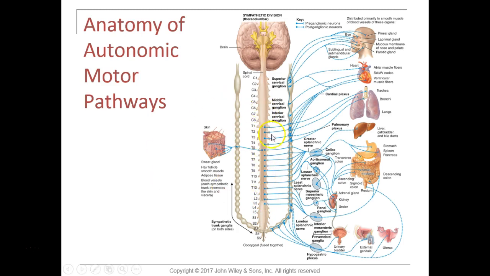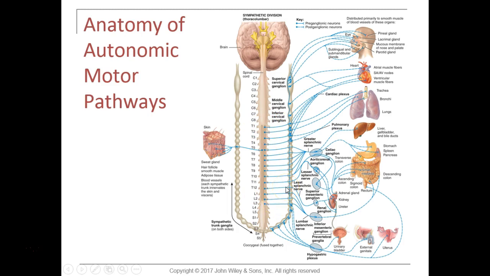So all of these neurons that are leaving the spinal cord from the thoracic to the lumbar region are the preganglionic neurons of the sympathetic nervous system. These have nothing to do with the parasympathetic system.